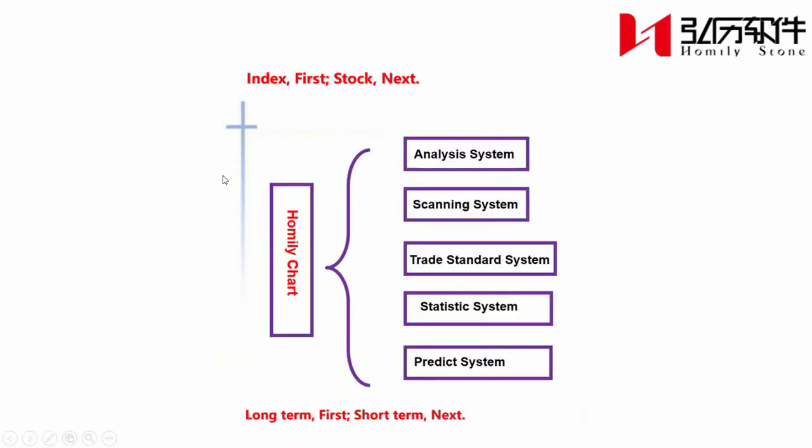In this Homely Chart, we have the analysis system and also the scanning system. It helps filter shares for us. We have the trade standard system, the statistic system, and the predict system, all in this software already.